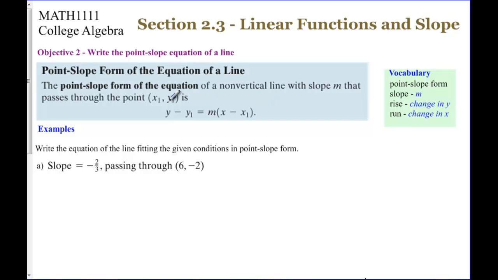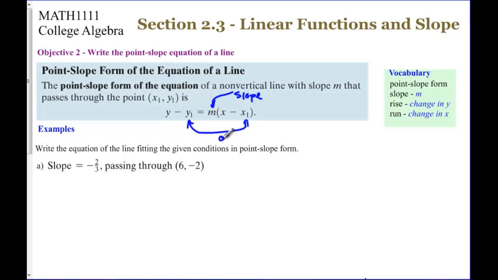So let's talk about our equation first. So it's y minus y1 equals m onto x minus x1. Well, the m is still your slope. And the y1 and the x1, those are parts of an ordered pair or coordinate. So that's an x comma y. It's a point on your line.